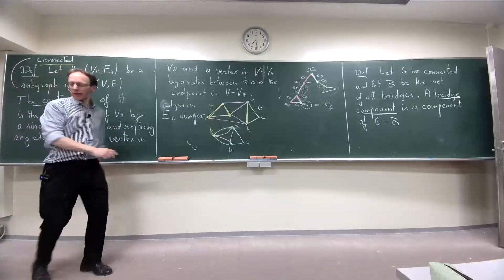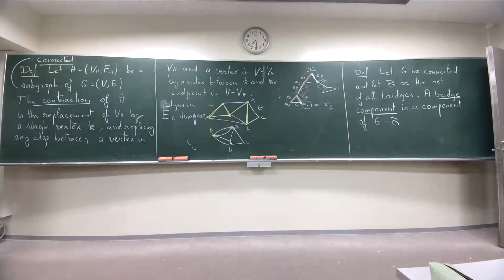Sorry, Professor. Shouldn't it be by an edge between K and the endpoint in V minus VH? What edge do you want to add between K and? The definition in the last two lines, not vertex, but edge should be there, right? One says vertex, where it should say edge. No, on the middle one, second line.